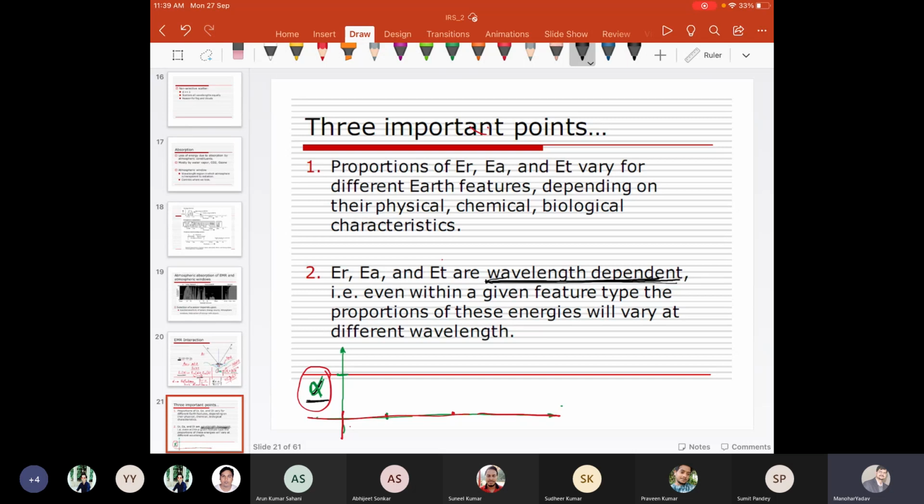It means if the wavelength changes, then in that case alpha changes.